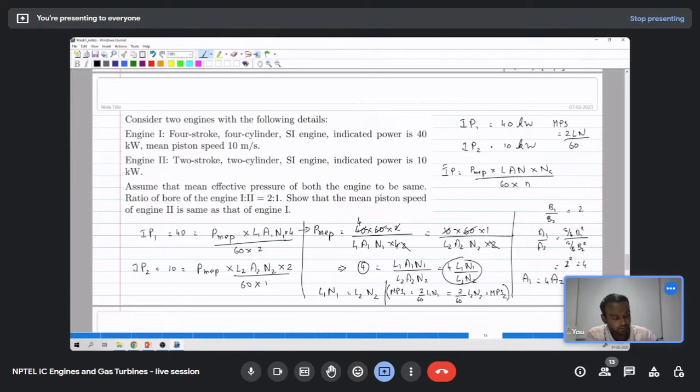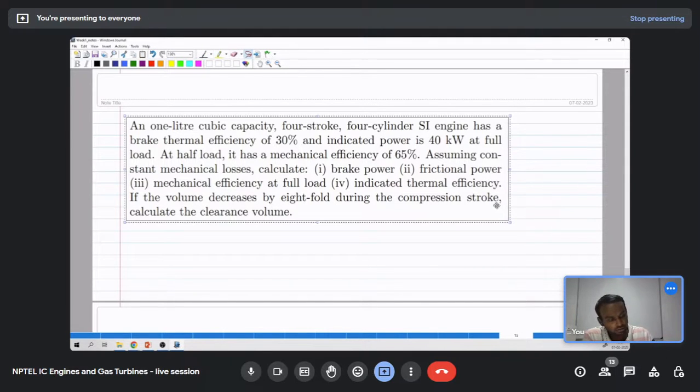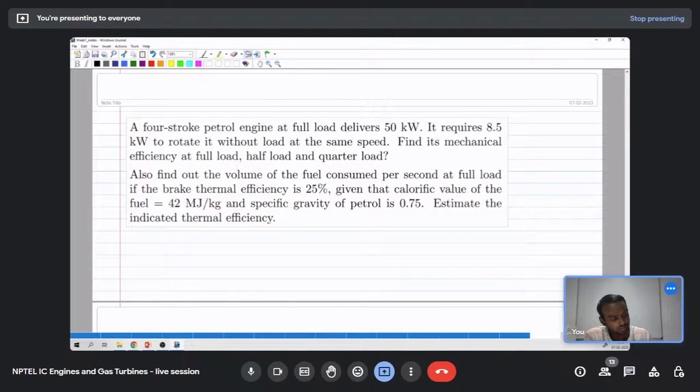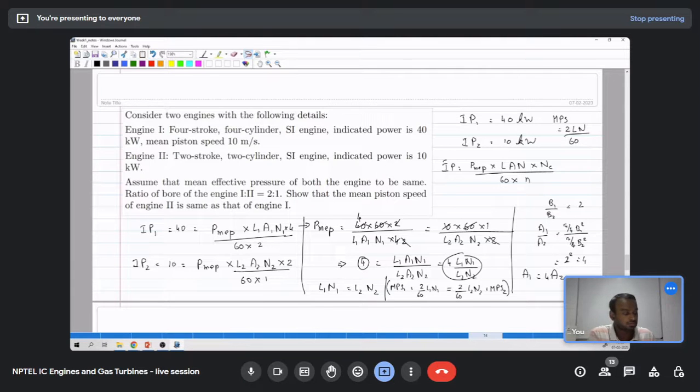If you have any questions, you can ask now, or we can go to the next problem. I think we will not have time for this problem. If you have any questions about this problem or the previous problem or anything in general, we can discuss now.